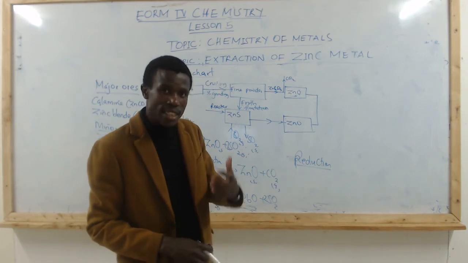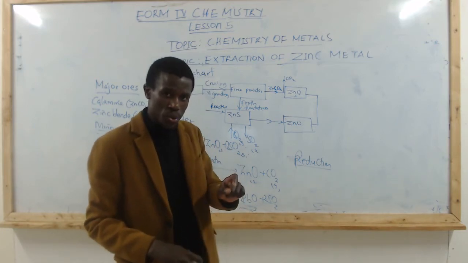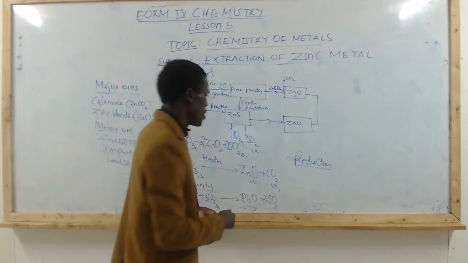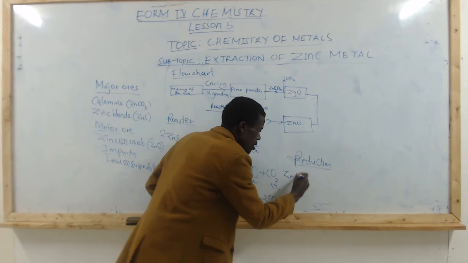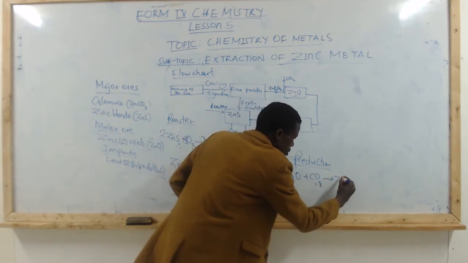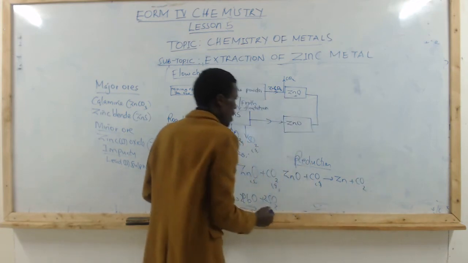Carbon dioxide supplied by the limestone is reduced by coke to form carbon 2 oxide. Now carbon 2 oxide is a suitable reducing agent. Zinc oxide is therefore reduced by carbon 2 oxide to form zinc metal and carbon dioxide gas.